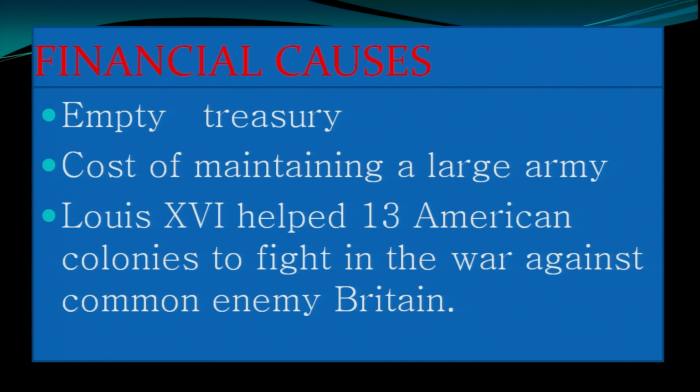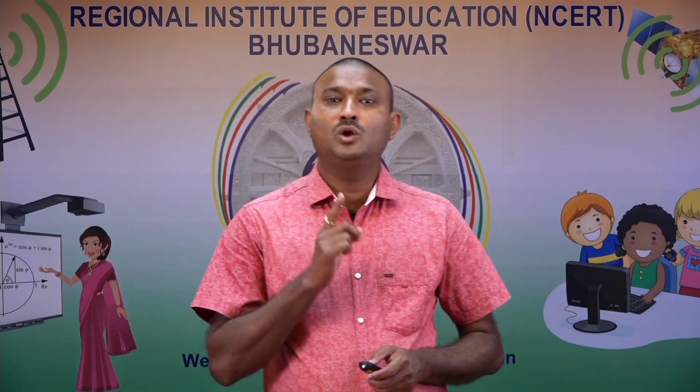Students, you must know there was a time when most parts of the world were under British subjugation. Like that, the 13 American colonies were also under British subjugation. During that period, Louis XVI helped these 13 American colonies to get freedom from the British clutch.